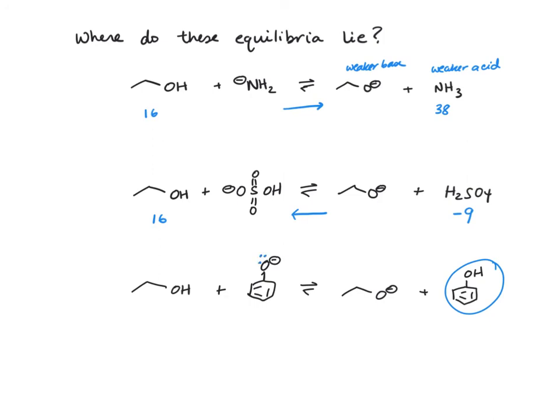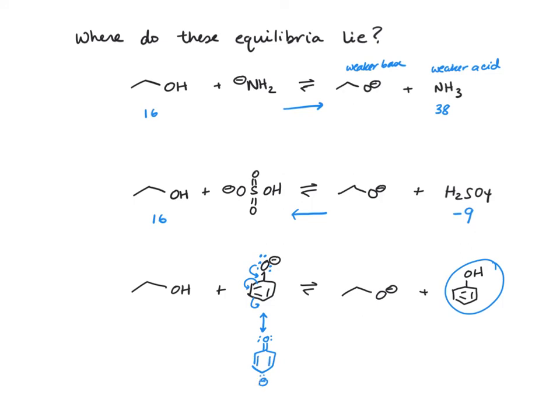These lone pairs can be delocalized. One of them is going to be delocalized into the benzene ring. And you can draw a variety of resonance structures to represent this.